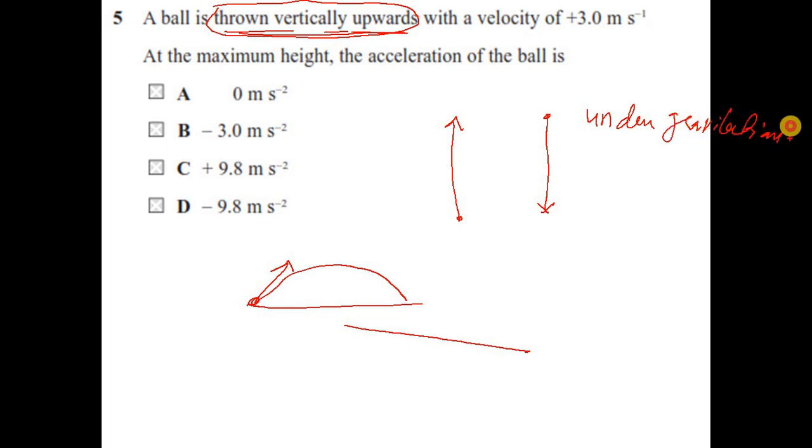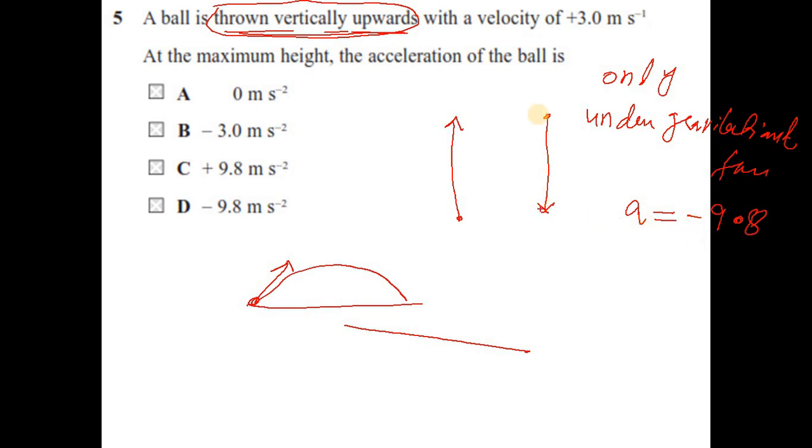Under gravitational force. So if an object moves only under gravitational force or gravity, then throughout the whole motion, acceleration remains minus 9.8, always negative.